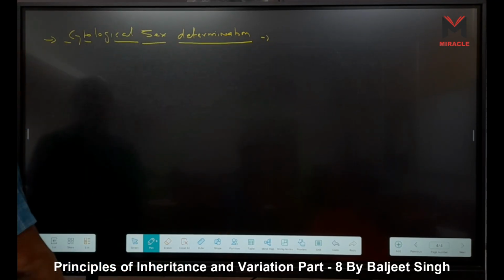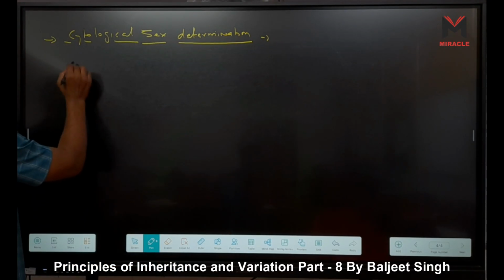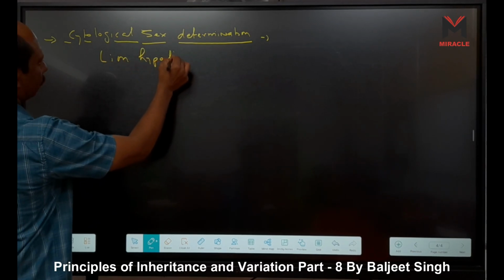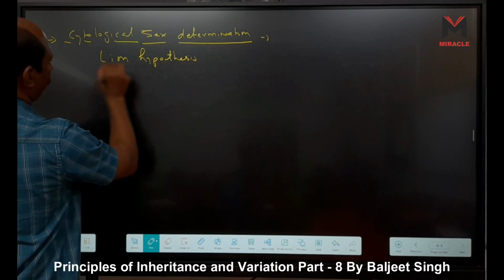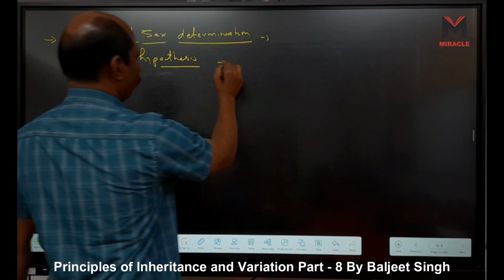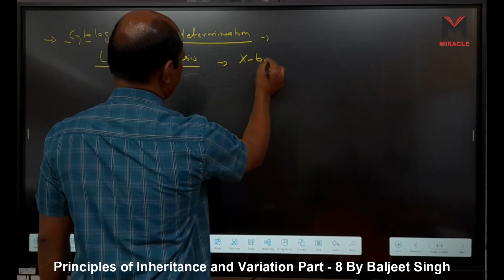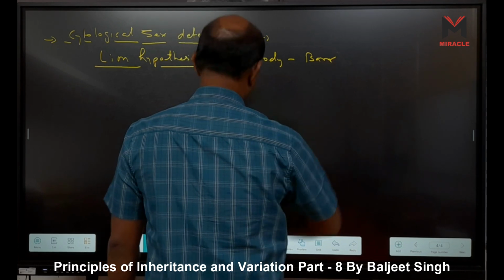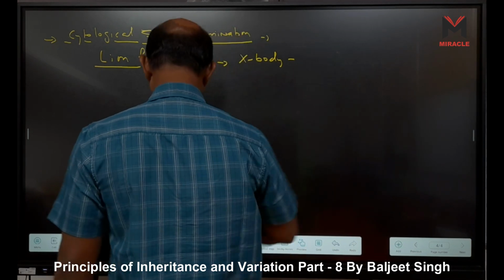Cytological sex determination means what? Here, this one is called the Lyon hypothesis. Here what happens? Here this X chromosome forms Barr bodies. X bodies are also called Barr bodies.